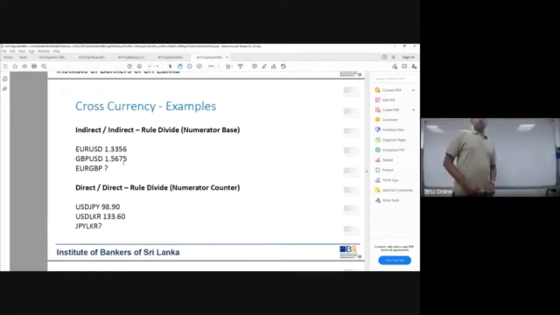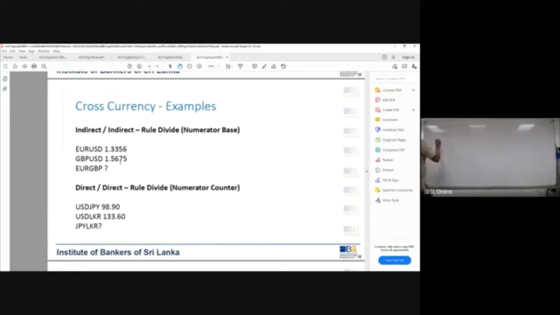First one is you have euro dollar 1.3356, sterling dollar 1.5675.